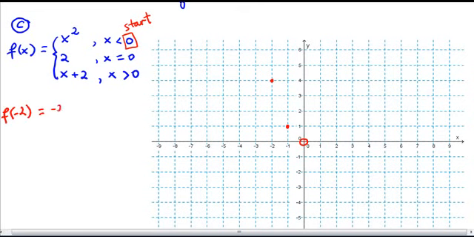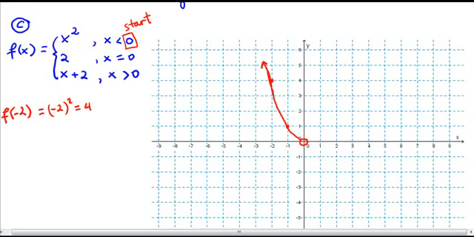I get 4. And I continue, picking a few more points like that. I pick anything that's less than 0. So I know the shape of the square function looks like this, and then it will look like that. But we only consider the x values from 0 and less than 0. So that means our graph should look like this.